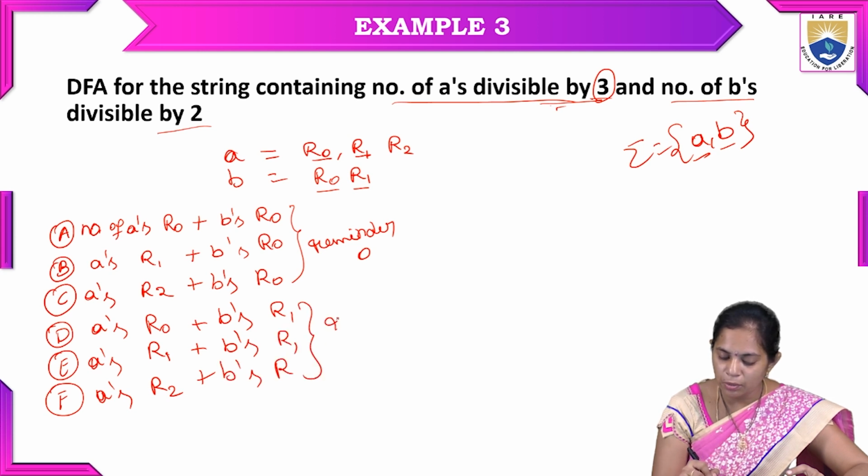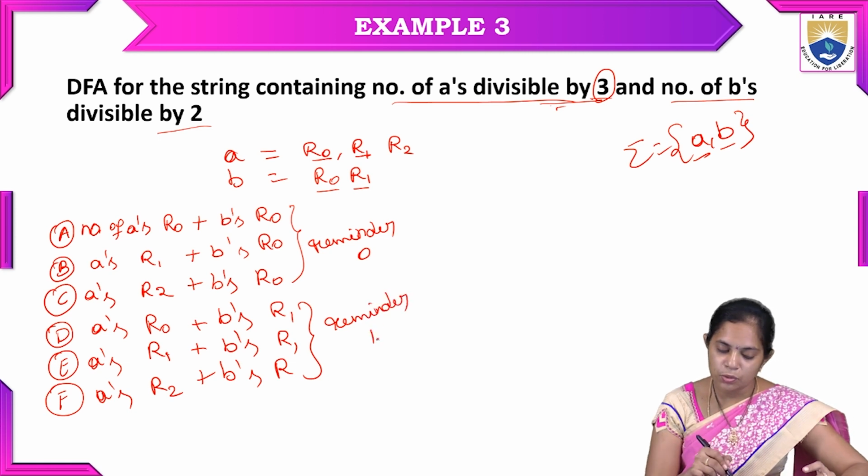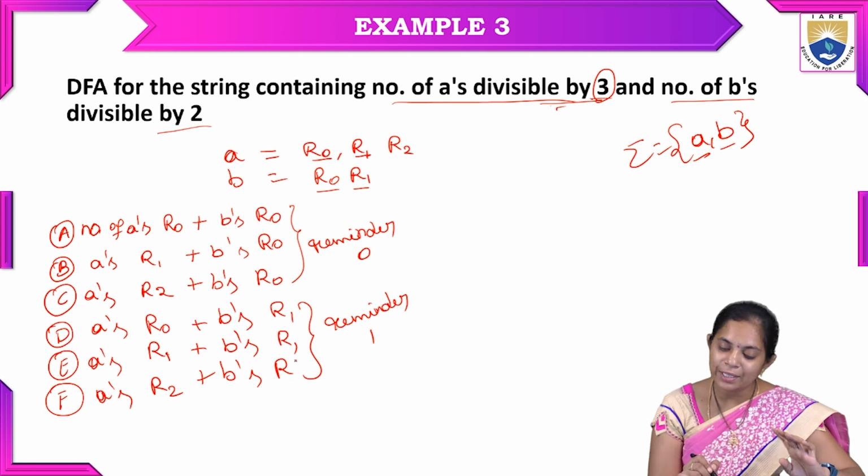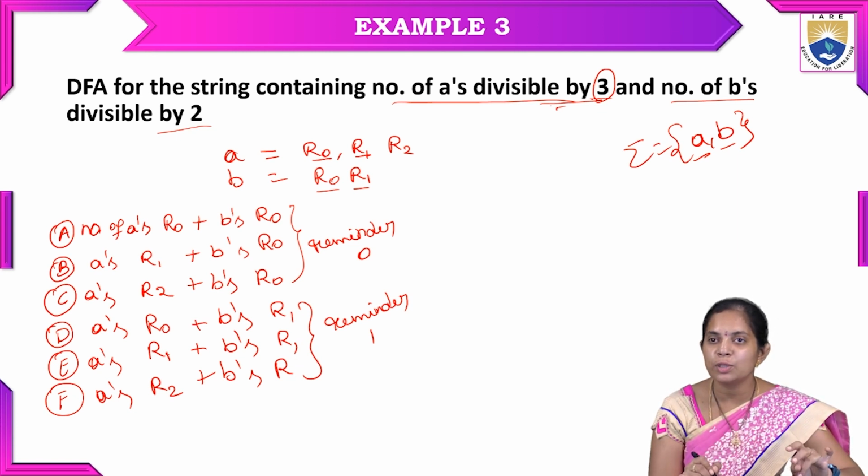So remainder 1. These are the 6 cases we have written. So by seeing this, there are 6 states required.